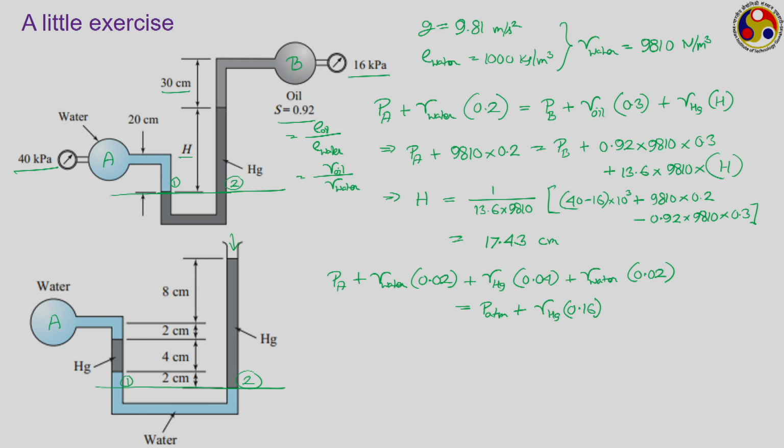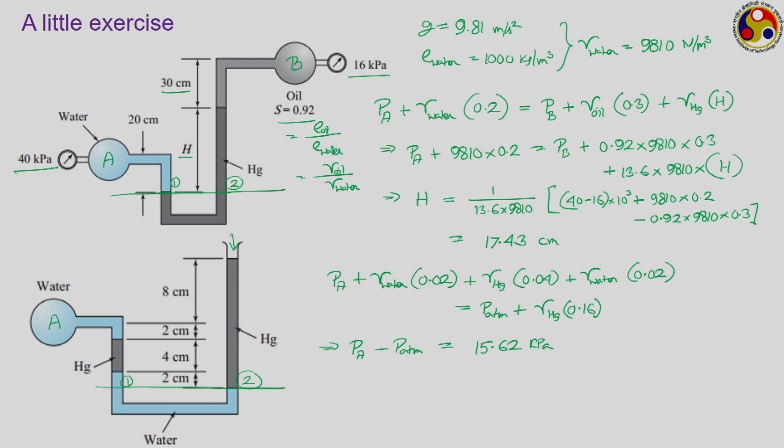Now if we separate that out, we can take Pa minus Patm is equal to everything else going to the other side, and if we calculate, this value is going to be 15.62 kilopascal. That is, the pressure value at this tank A is equal to 15.62 kilopascal.